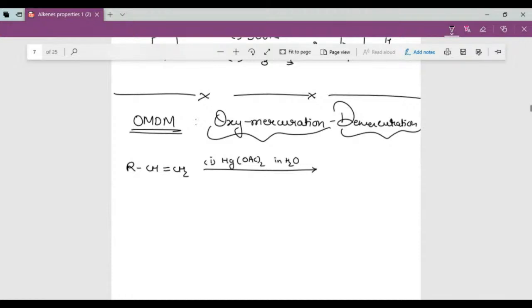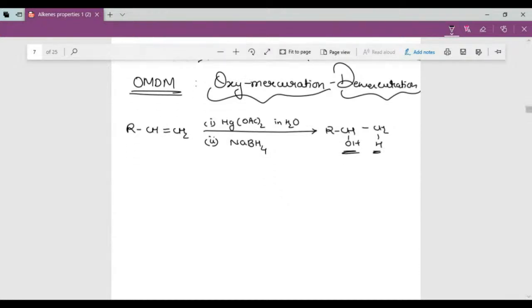You can have alcohol, you can have ammonia, but that definitely will change your product. We are preferring water at this point because our start point was that we are preparing alcohols. It is a hydration reaction. And second, we use NaBH4 for demercuration. What we get is a Markovnikov addition of water, HOH.